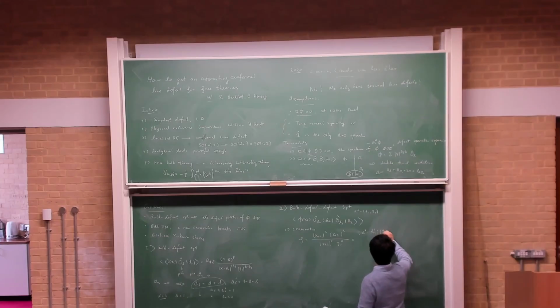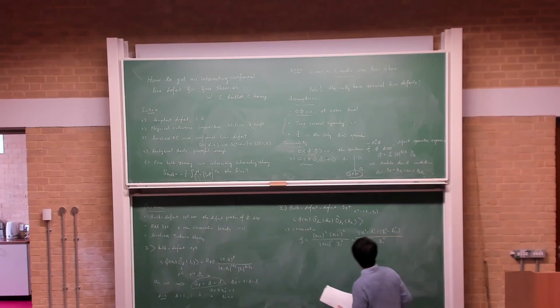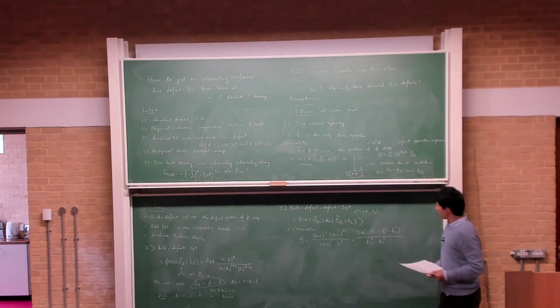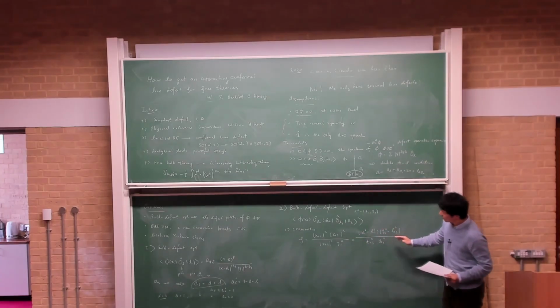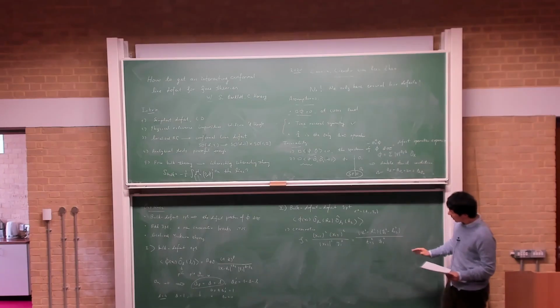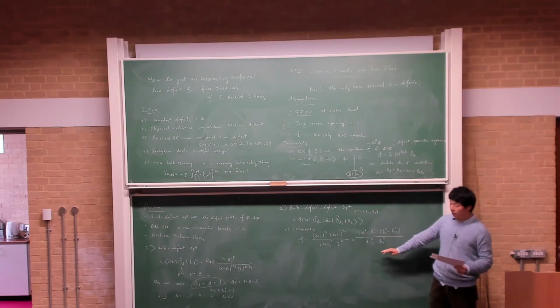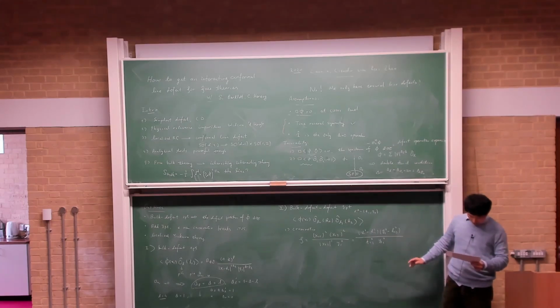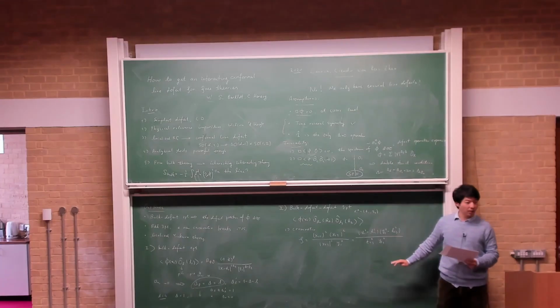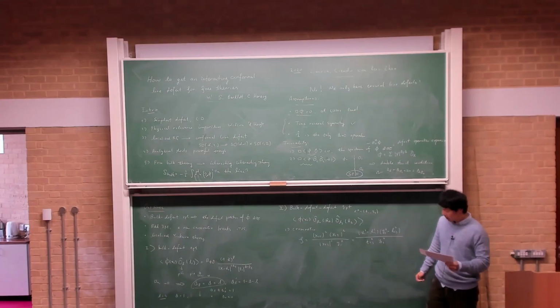If we have such a form, it's possible to show explicitly that this cross ratio is invariant under the conformal transformations. In addition to that, it's also invariant under inversion.